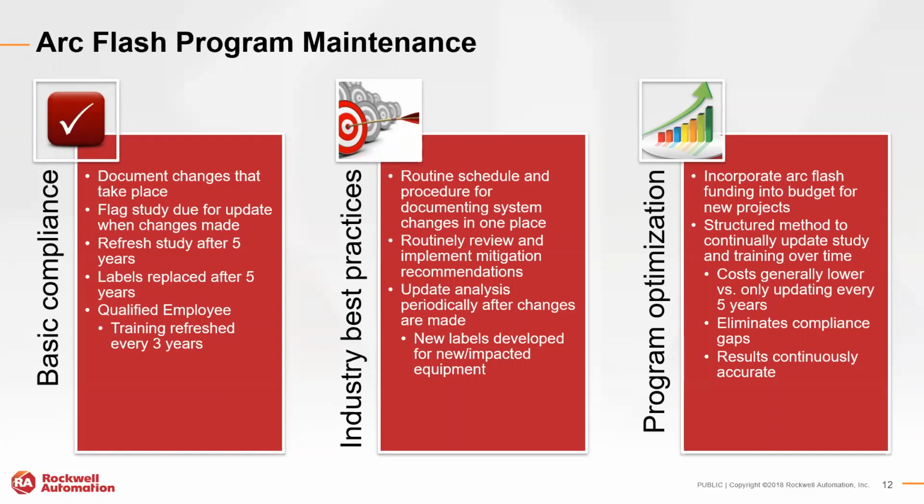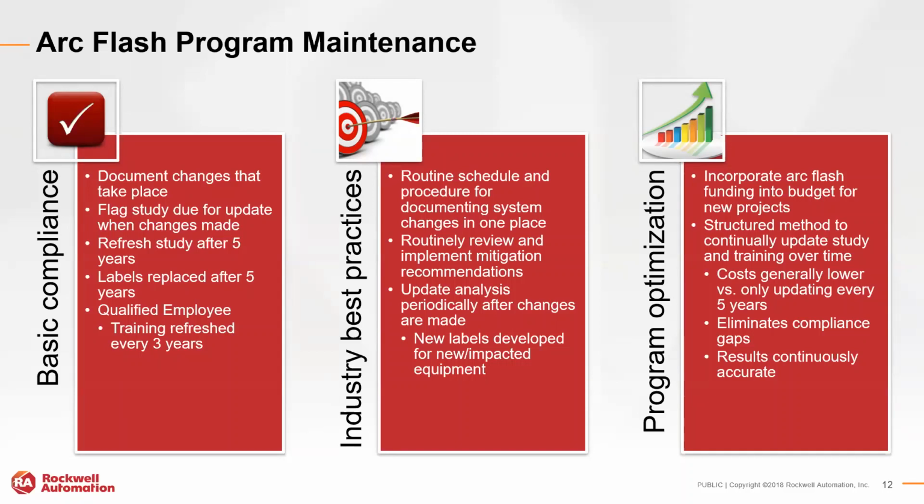And also having a structured method to continually implement mitigation recommendations, update the study, and keep employee training over time, some sort of maintenance program or a long-term annual contract with your arc flash provider, and sticking to a schedule to keep those things updated, helps make sure that things don't get overlooked over time. It's a really good way to protect your initial investments.